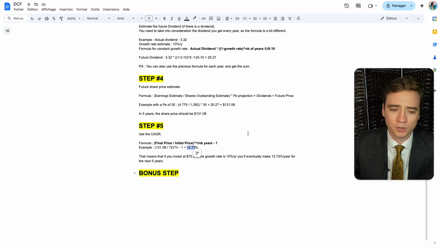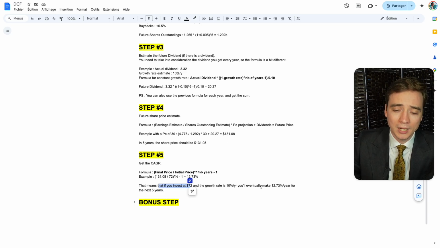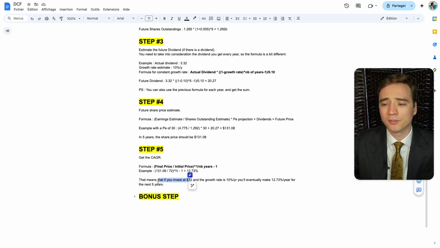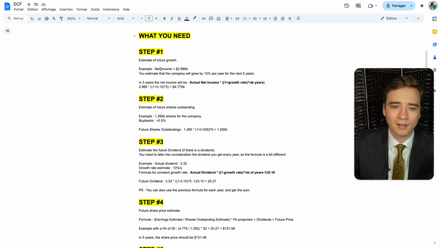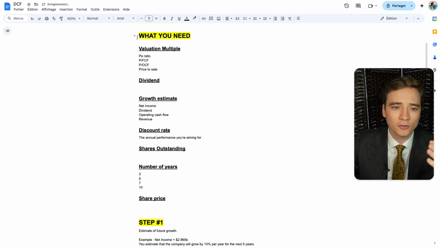12.73%. So it means that if you invest at $72 and all those projections, the growth rate projections that you had and so on are right, you will eventually make 12.73% per year for the next 5 years. Now, again, as I told you, it's not certain, it's just an evaluation.